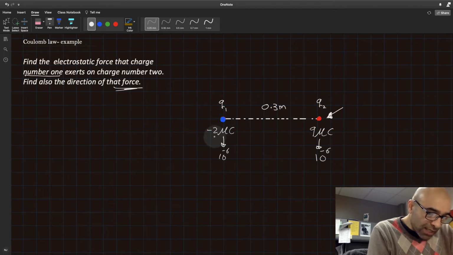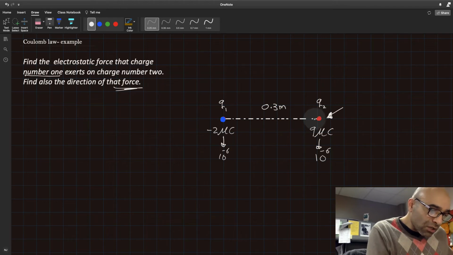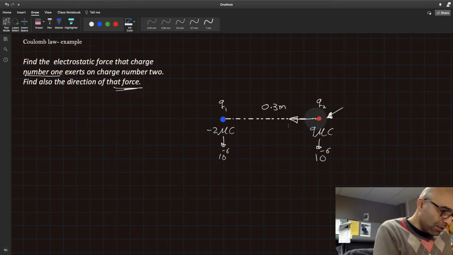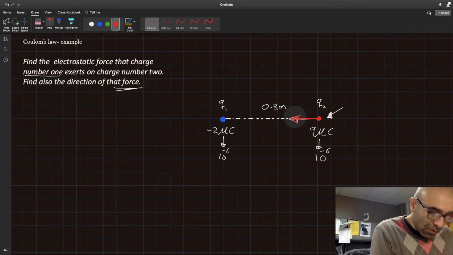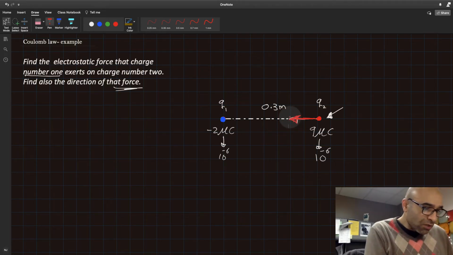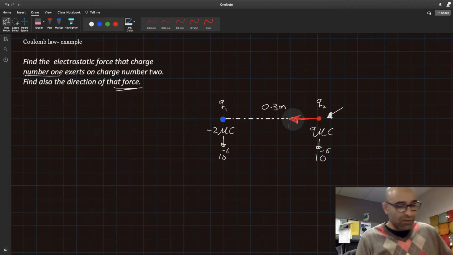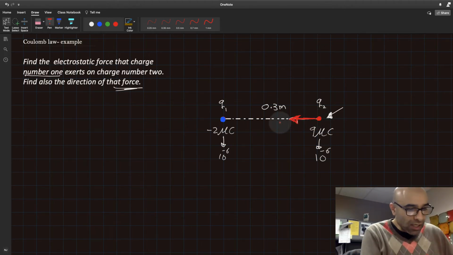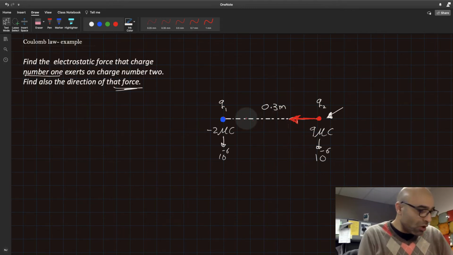Since this is negative and this is positive, the direction of this force should be like that. So the direction of this force, which is the force of 1 on 2, is this direction, because it's attractive. And look, it's on the same line that connects the two charges.